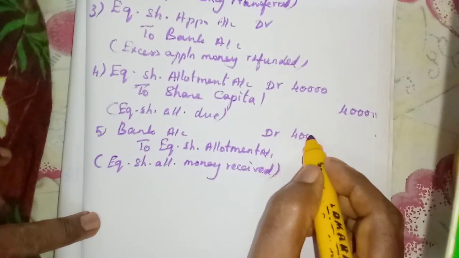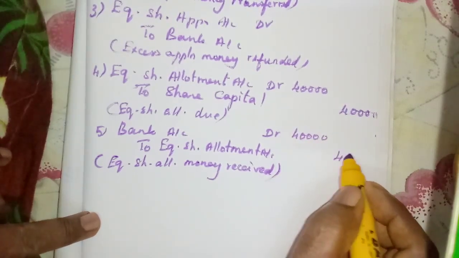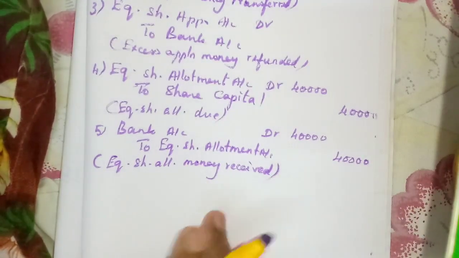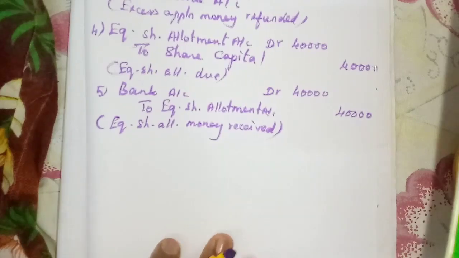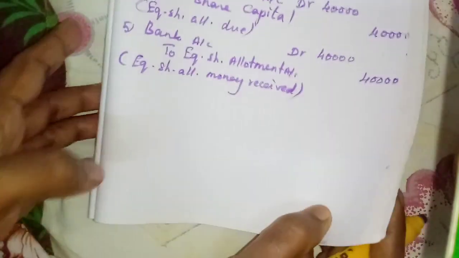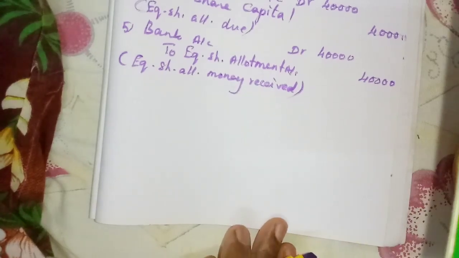If you learn these fundamental entries correctly, then it will be easy for you to do any adjustment. One or two entries will be more or less, a little change in these fundamental entries.